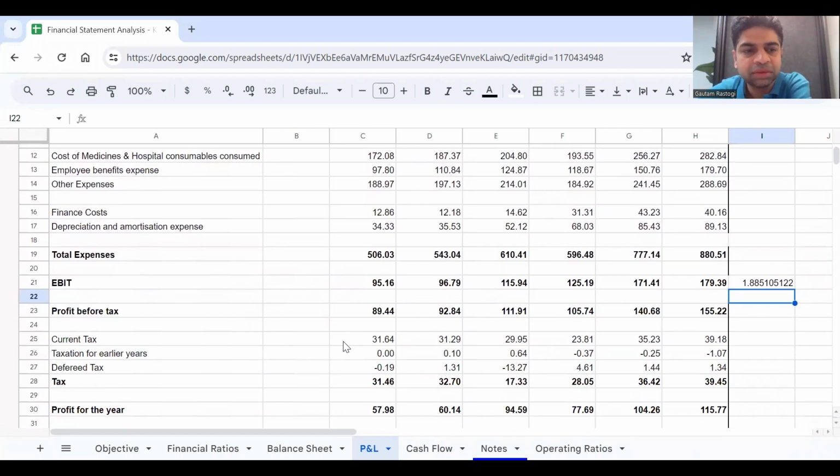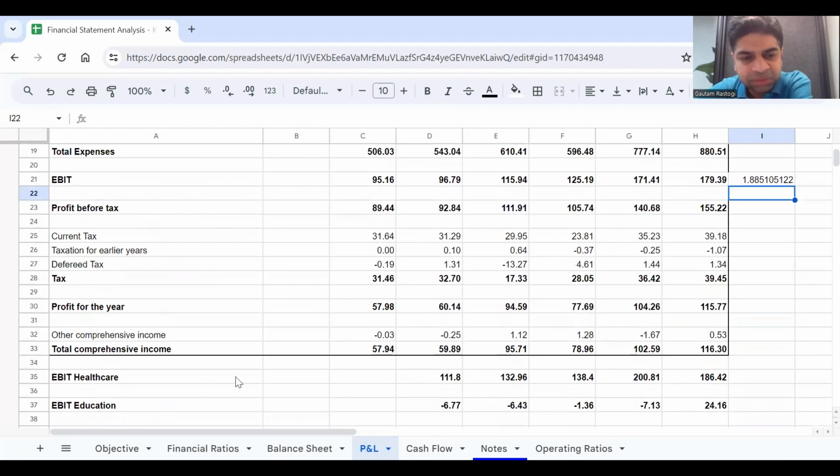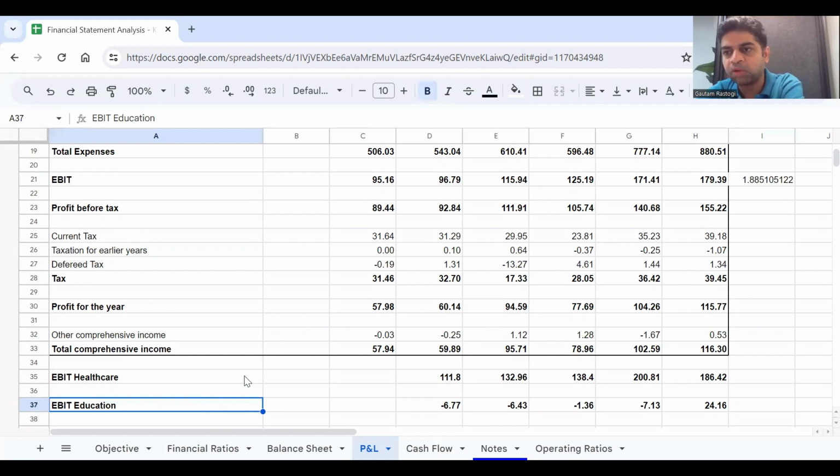Another important aspect is the operating margin of the healthcare and education segments, which I pulled from the notes section of the annual report. The education segment turned profitable only in 2023.